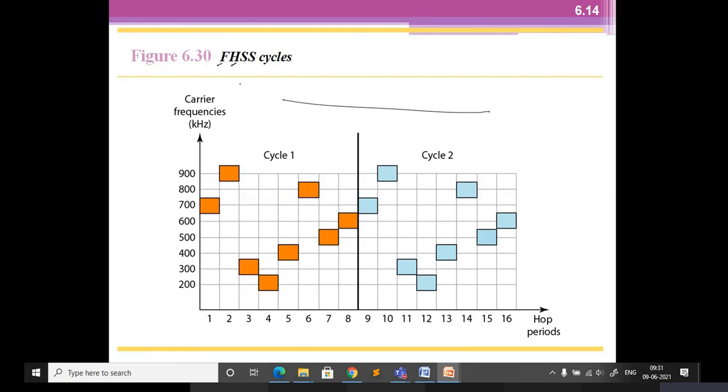Here I am using spread spectrum with respect to frequency. You can see these are all the frequencies, and hopping indicates that it does not use the same frequency continuously. In each interval of time, the carrier frequency for the incoming input signal changes.